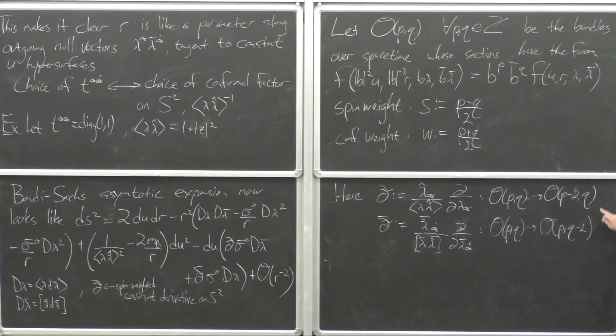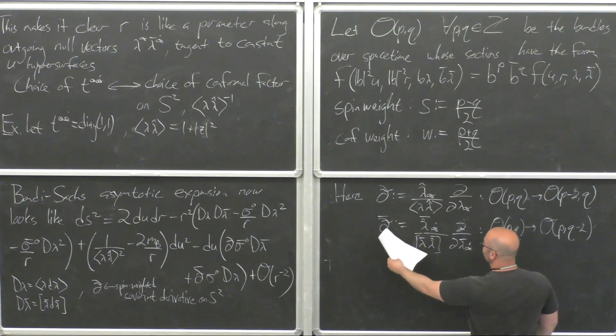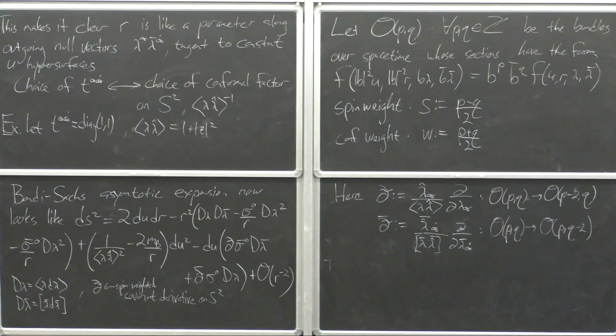This lowers the spin weight by 1, this raises the spin weight by 1. It's an unfortunate choice of conventions that I've made, because you might have naturally said this thing should be a spin raising and this one a spin lowering, but okay, we are where we are.